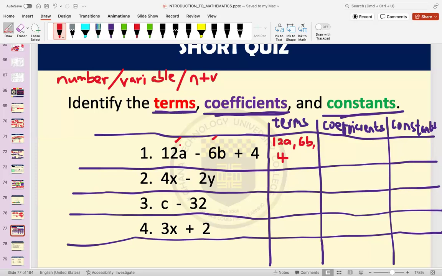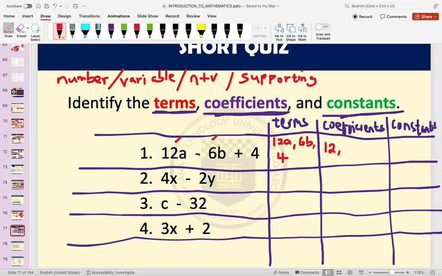These are our terms. And then the coefficients, by definition, are the numbers that are supporting the variables. So let's see the numbers that are supporting. I see 12a, so 12 is a coefficient.